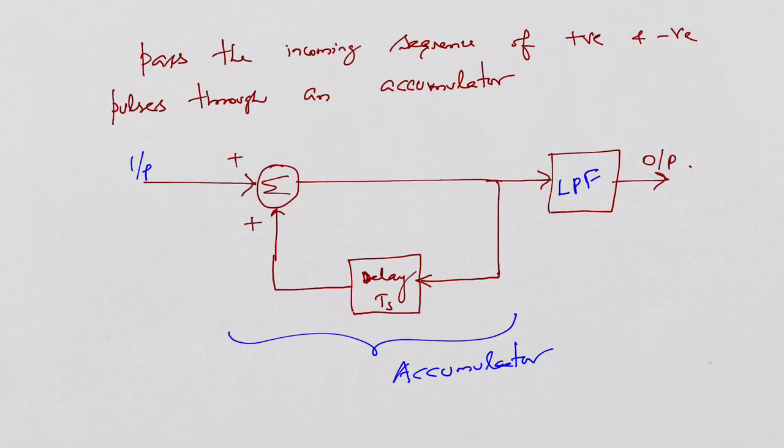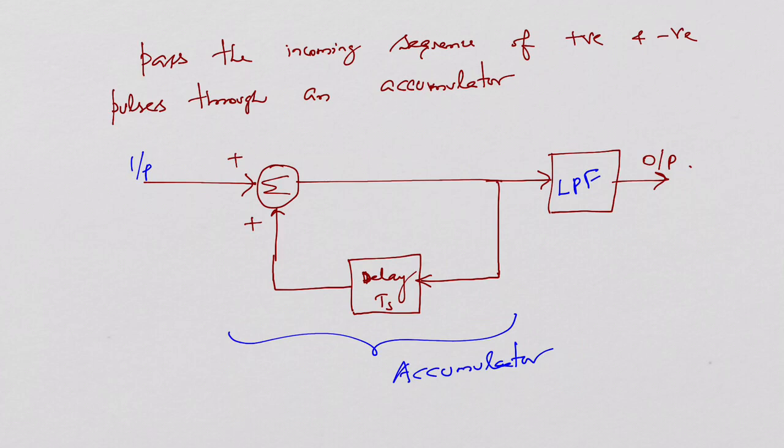What is the input to the receiver? The incoming sequence of positive or negative pulses is passed through an accumulator in a manner similar to that of the transmitter.